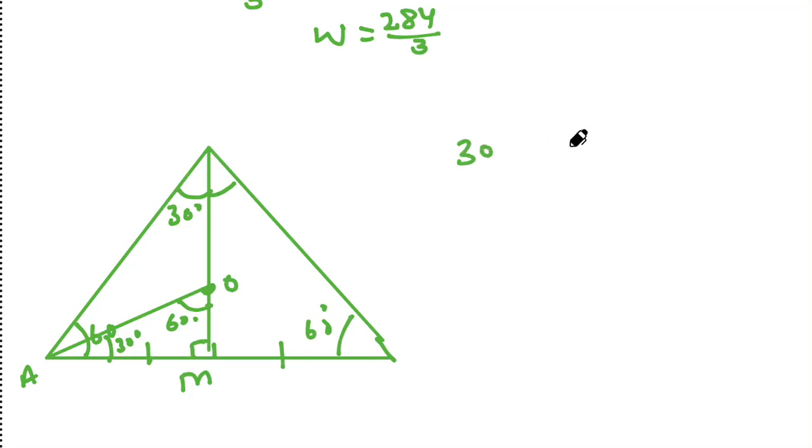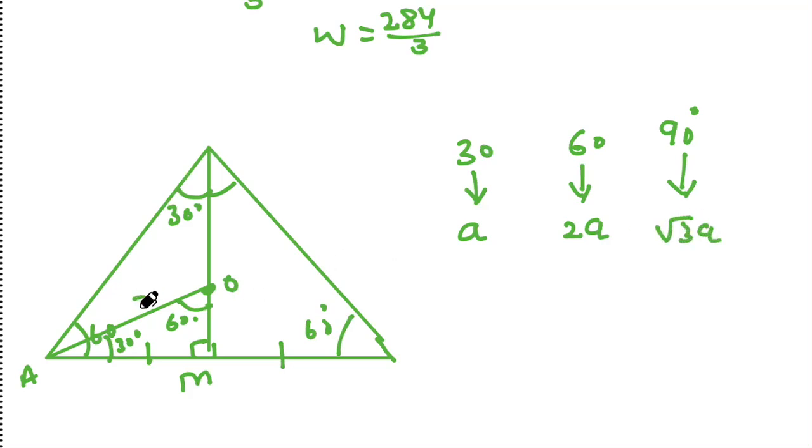If you go with the 30, 60, 90 triangle, the side opposite to the 30 degree angle is A, the side opposite to the 90 degree angle is 2A, and the side opposite to the 60 degree angle is root 3 A. So that is another way you can find it as 2A, and this one is root 3 A. Am I correct? Yes.